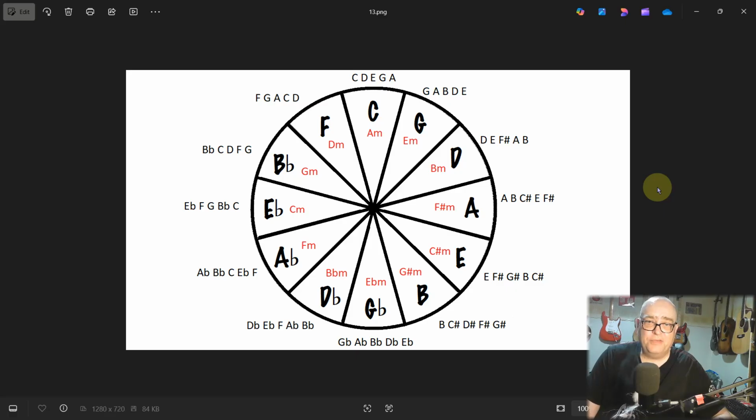And if we get to the F major or D minor pentatonic, that's F, G, A, C and D. Well, if you take that F note and reduce it by one semitone to become an E, you're back at the C major pentatonic once again. So you can move from one pentatonic to another just by changing one note.